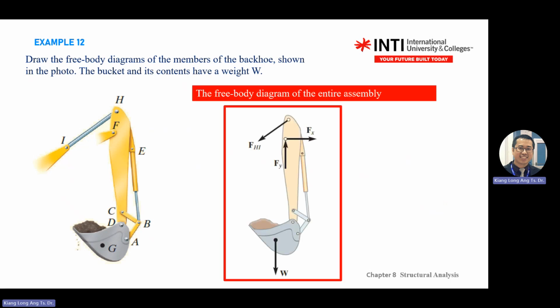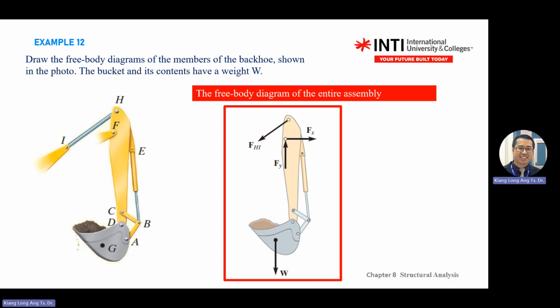Just need to highlight: when you see a capital G in the diagram, this is the center of mass. Always put W at the center of mass. This will usually be a careless mistake as you move towards the end of the module. You will forget to put W. You're so focused on the pin, you forget the W. Even the question sometimes gives you the mass.